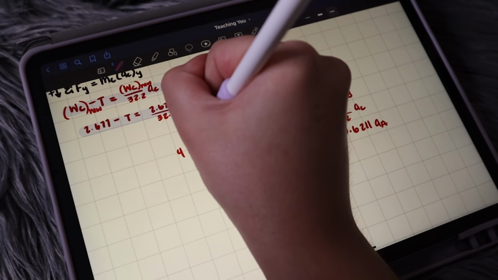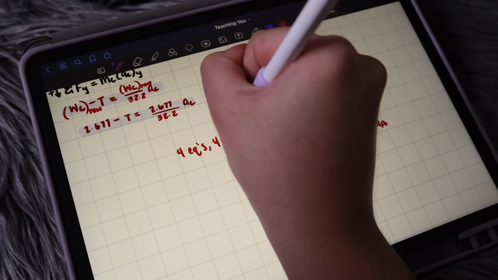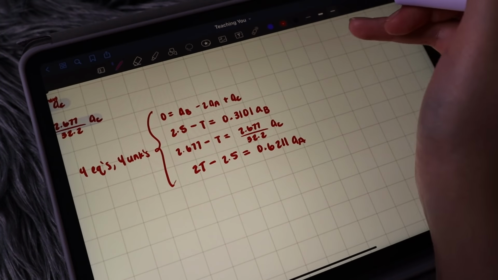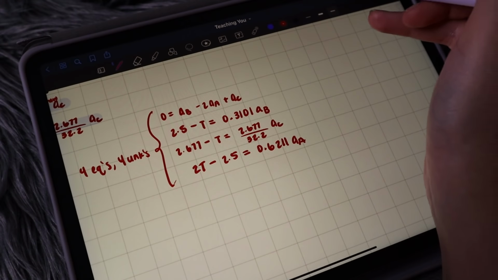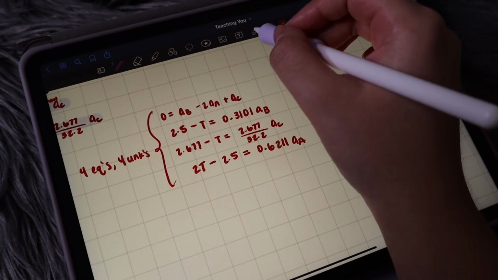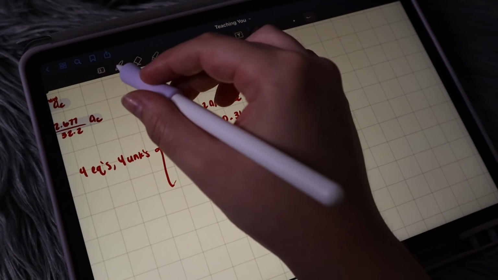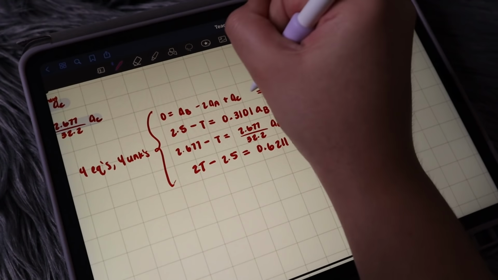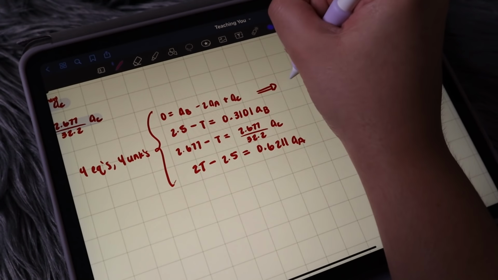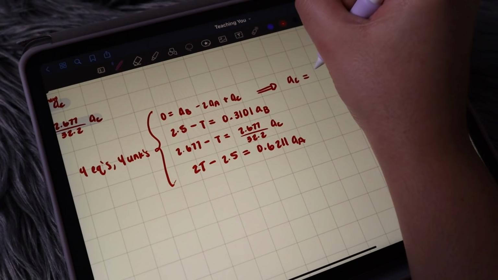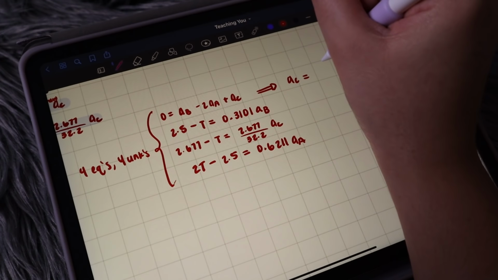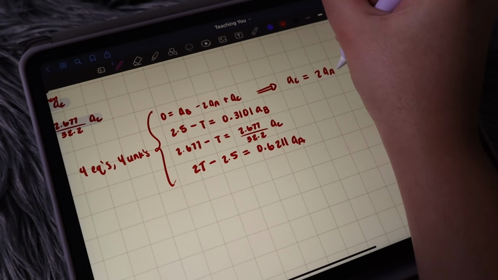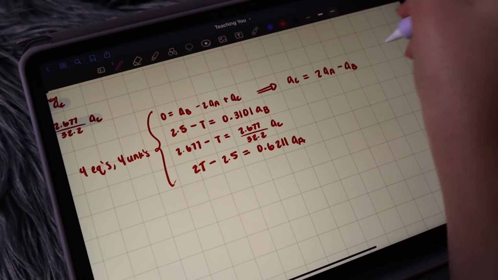We have 4 equations, 4 unknowns. I guess this part is pretty much up to you guys. What I did was I just substituted this in, so I'll just rearrange this here, solve for AC, and we get 2AA minus AB.